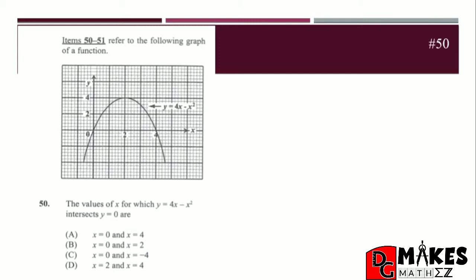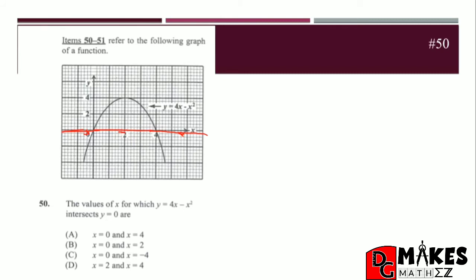You would have known that this is our x-axis. Why is it called the line y equals 0? Because every single point on this line has coordinates where the y value is 0. So our x-axis is indeed our line y equals 0.